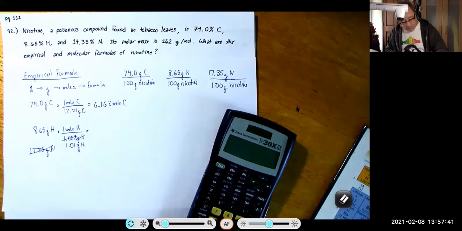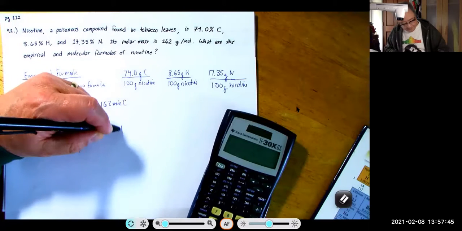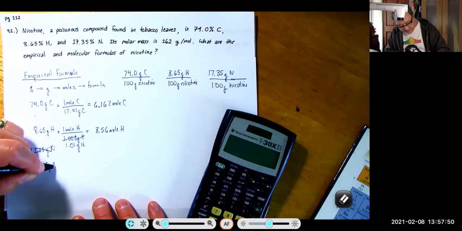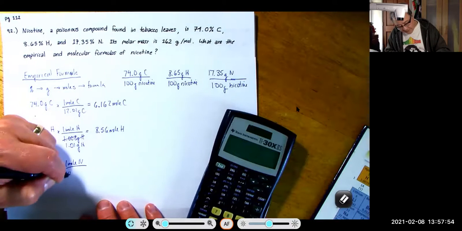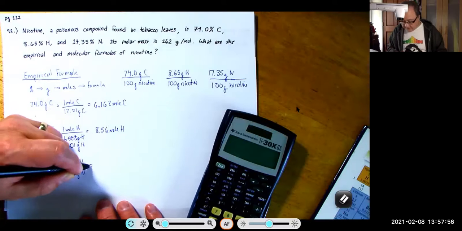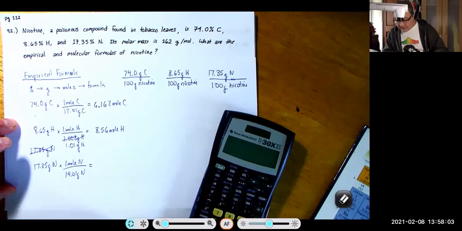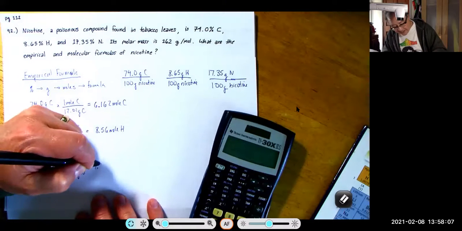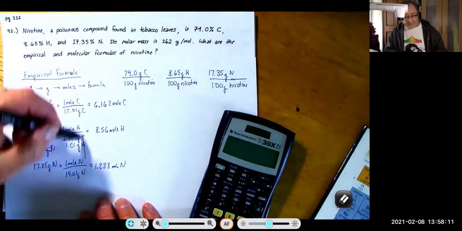And it comes out to 8.56. And then our 17.35 grams of nitrogen times 1 mole of nitrogen per 14.01 grams of nitrogen comes out to be 1.238 mole of nitrogen.